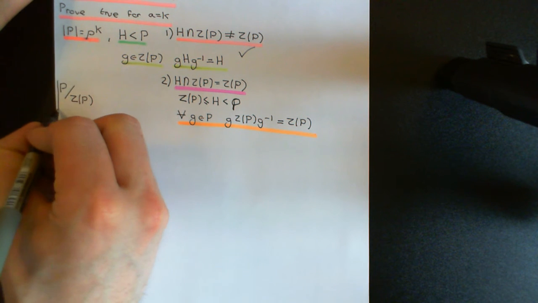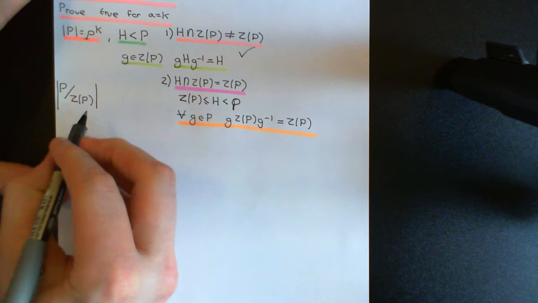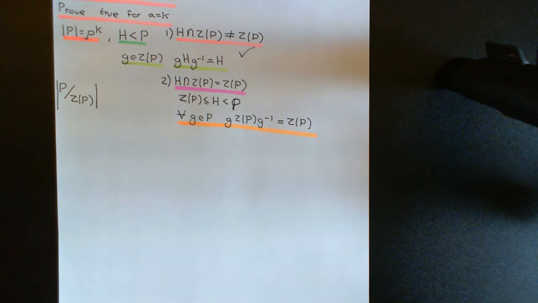Now let's think about what the order of this is going to be. Remember, the centre of the P group is not the trivial subgroup.